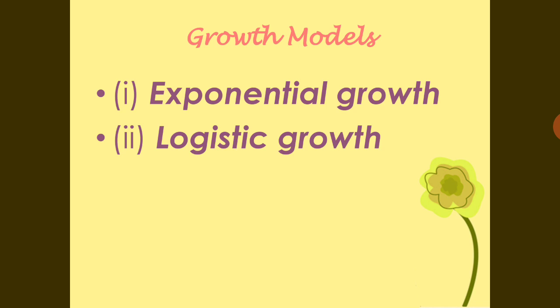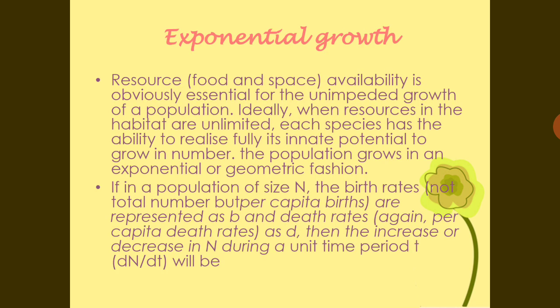The growth models are the patterns of population growth, and there are two patterns that can be explained depending upon the impact of environmental factors. One is exponential growth, another is logistic growth. Exponential growth, also called geometrical growth, occurs when resources, meaning food and space, are unlimited.